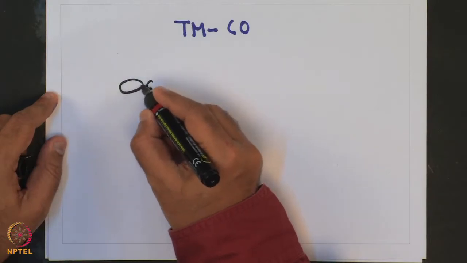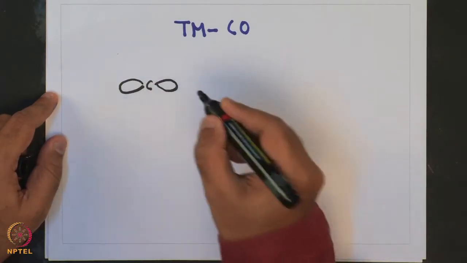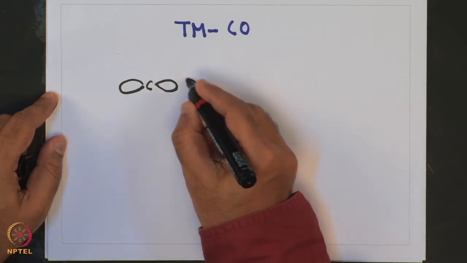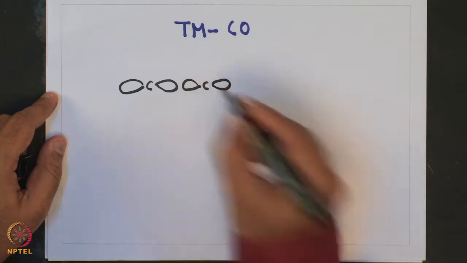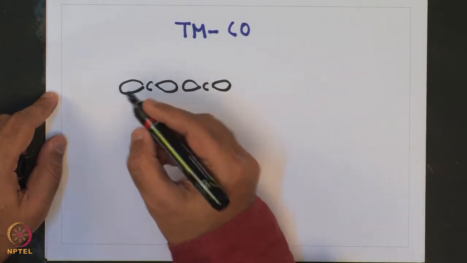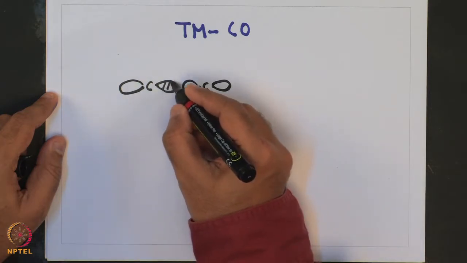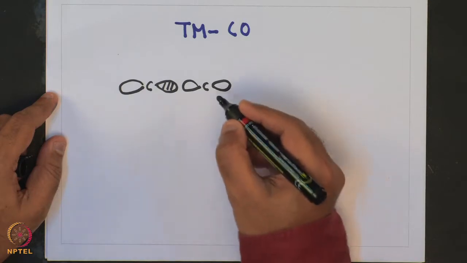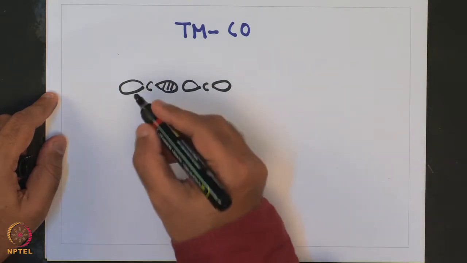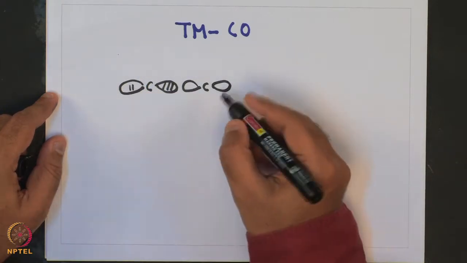And what we had seen is that the frontier molecular orbitals of carbon monoxide consist of a sigma orbital on carbon which contains the lone pair, and that can be drawn like this. It has the lone pair.